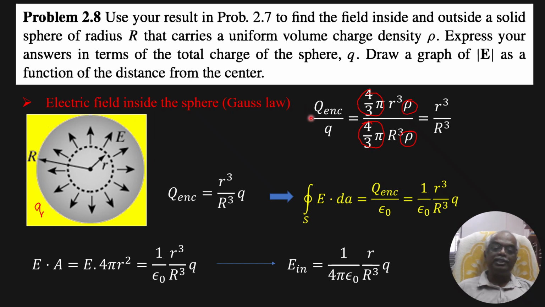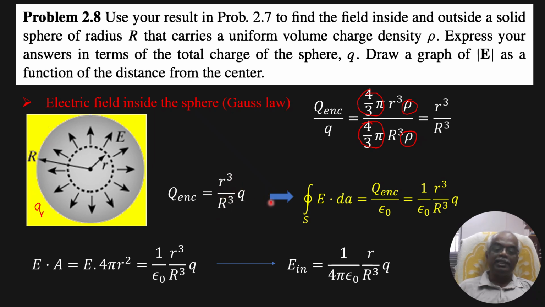Then the ratio between the charge enclosed and the total charge is small r cubed divided by capital R cubed. Bringing Q to the other side, the charge enclosed is small r cubed over capital R cubed multiplied by Q.